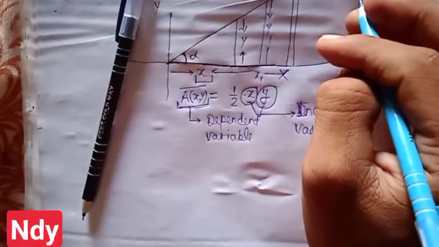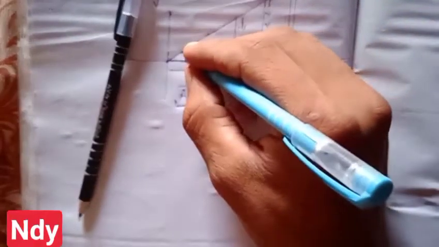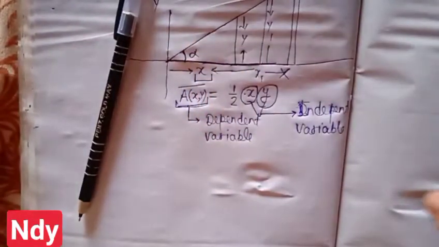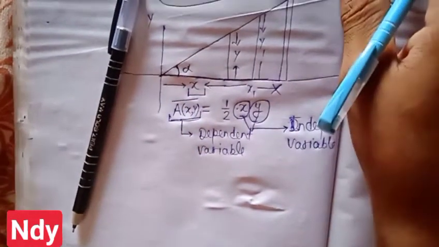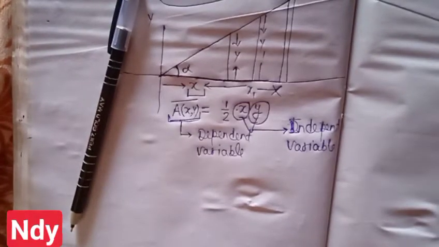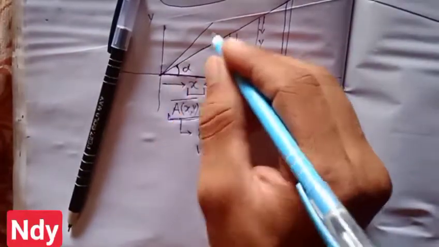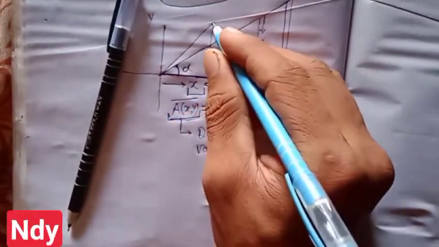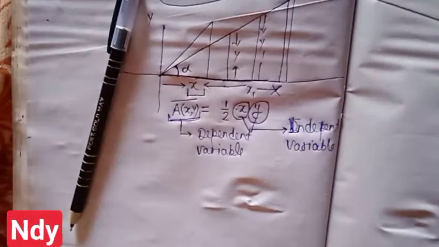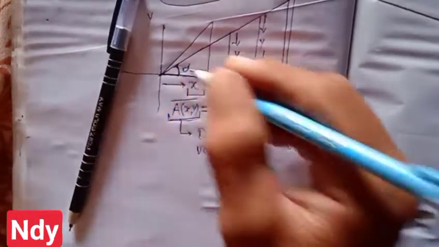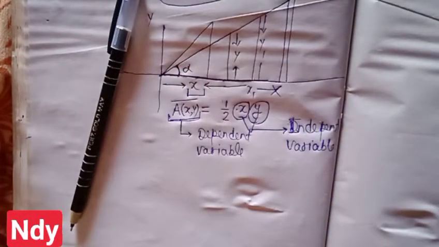So if we do not change this angle alpha, then all these triangles will be similar looking, and these triangles are also called similar triangles. But if we change this arbitrary angle alpha, then the type and shape of the triangle also changes. So this angle alpha is called a parameter or an arbitrary constant.